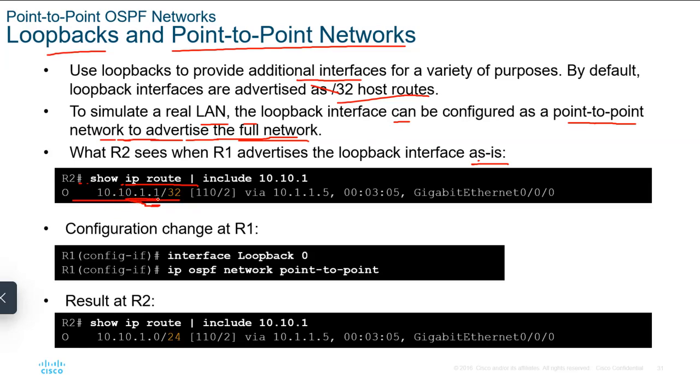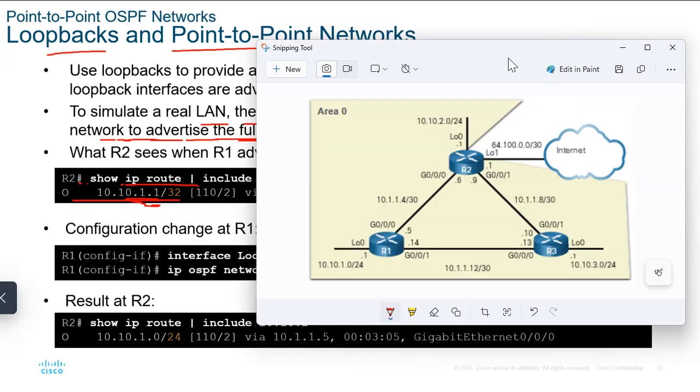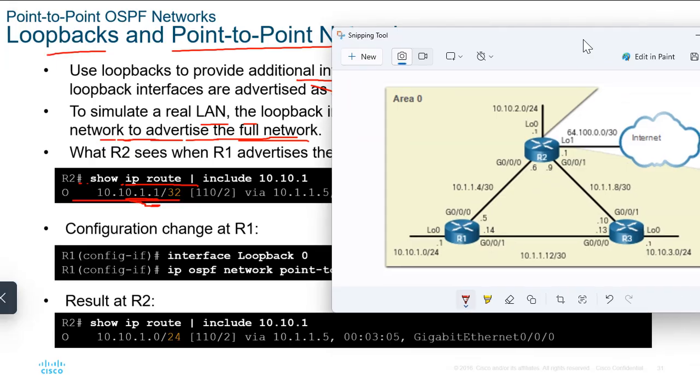So which network? Let me try to bring in our reference. So where is our 10.10.1.0? This is R2, 10.10.1.2. So it is this one here. This is the loopback on R1.